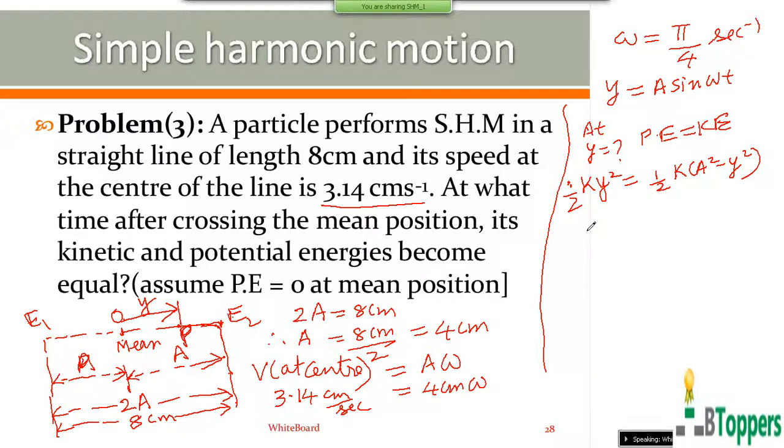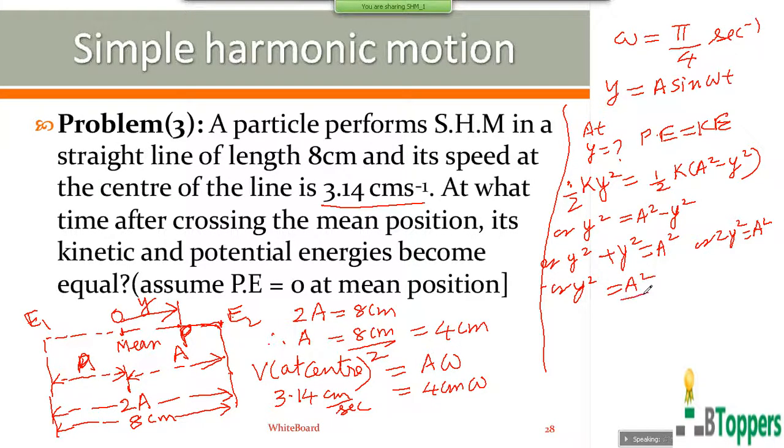That means half k y square is equal to half k into a square minus y square. So you cancel half k here. You get y square equal to a square minus y square, or 2y square equal to a square, or y square equal to a square by 2, or y equal to plus or minus a by root 2.